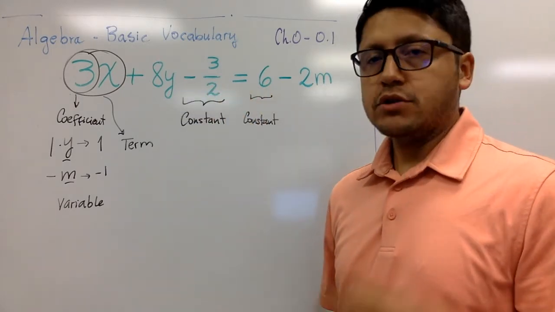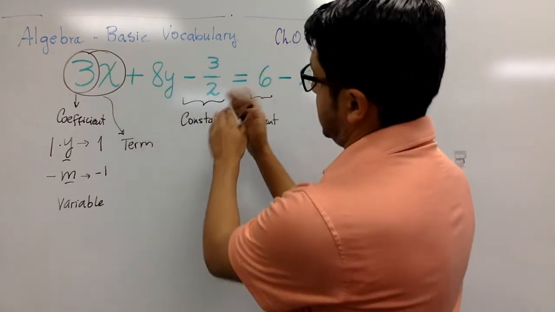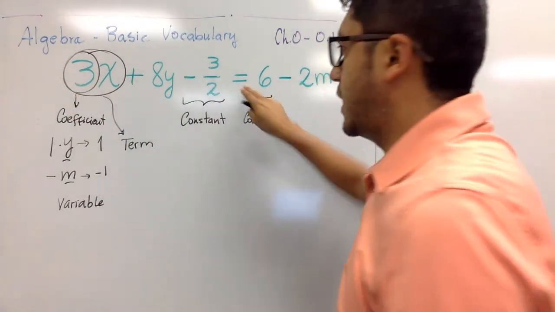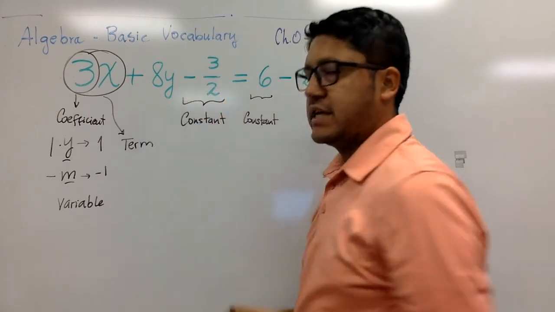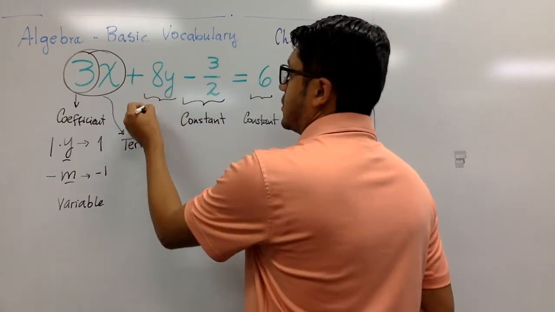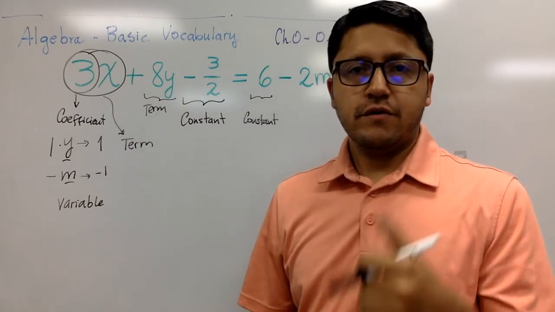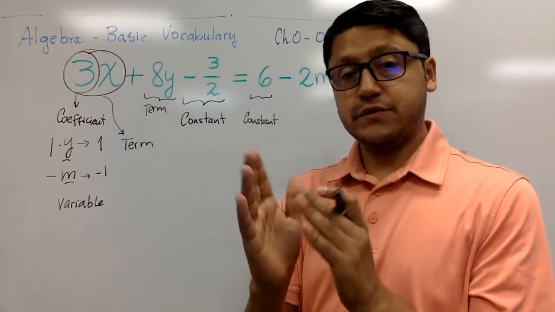Well, now two more things. As you can see, let's take a look at what is on the left side of this equal sign. We have 1, 2, and 3 terms, as you noticed. Right? This is also a term. As I mentioned, the combination of a coefficient and variable, or just a constant, or just a variable.